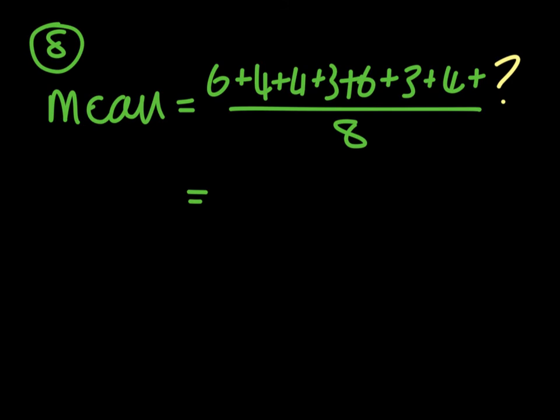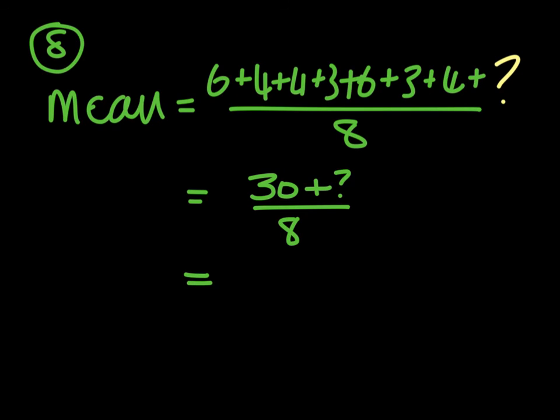And then lastly, number 8. The mean and range of these numbers are equal. What's the missing number? Well, the mean is where we add them all up. 6 add 4 add 4 add 3 add 6 add 3 add 4 add, and we don't know what that other number is, and we divide it by the 8 numbers. Now when we add these numbers up, we have 30 plus your missing number divided by 8.